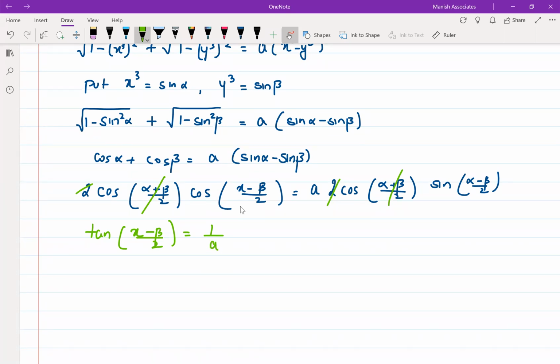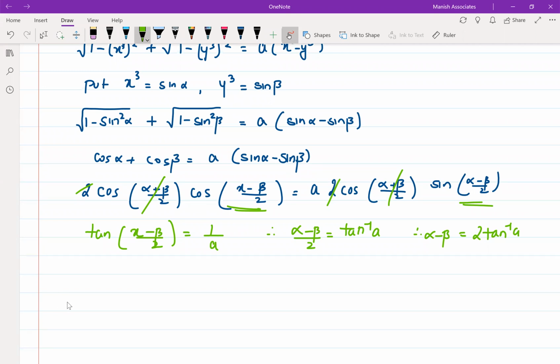Bringing cos to the other side, sin by cos becomes tan. From here, (alpha minus beta) by 2 equals tan inverse of a. Therefore alpha minus beta equals 2 times tan inverse of a.